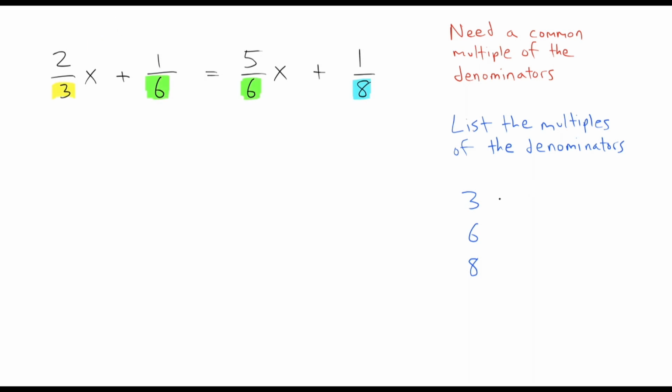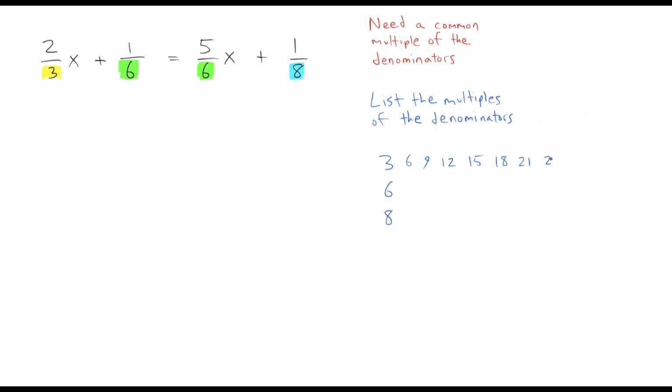So 3's multiples would be 3, 6, 9, 12, 15, 18, 21, 24, and so on. 6's multiples would be 6, 12, 18, 24, and so on. 8's multiples are 8, 16, 24, and so on.